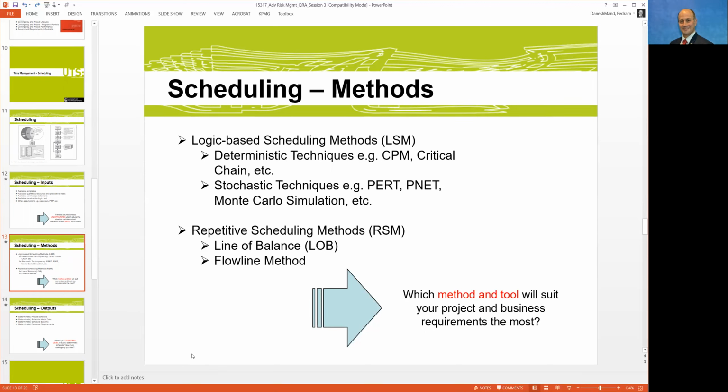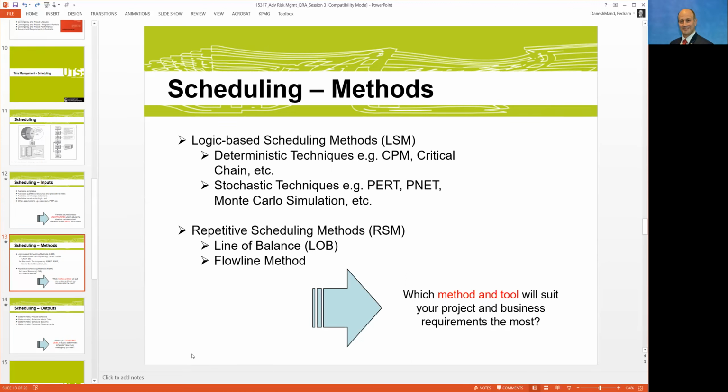In addition to those logic-based scheduling methods, there are some repetitive scheduling methods, like the line of balance, which is quite common for linear projects like high-rise buildings or tunnels or road or rail, which is different from the methodology of the critical path. So again, you see how the tool and the method that you use for your project and business requirements is quite important even before you start to have a conversation about the schedule risk assessment.